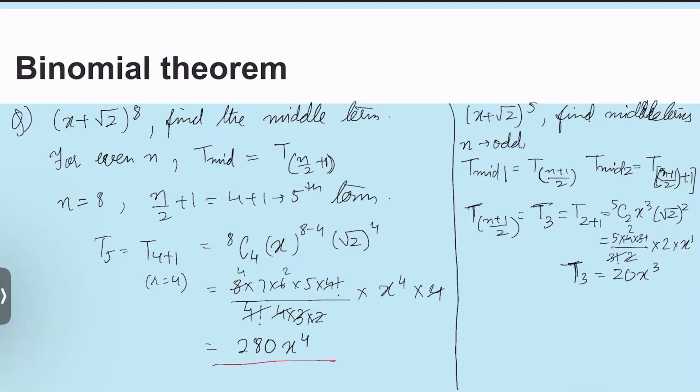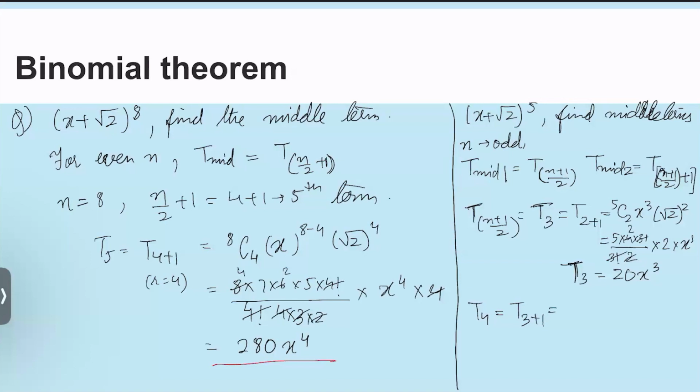Now the next one is, if this is T3, then we have to find T4, because the second middle term is T (n plus 1) by 2 plus 1. So T4 will be T3 plus 1.